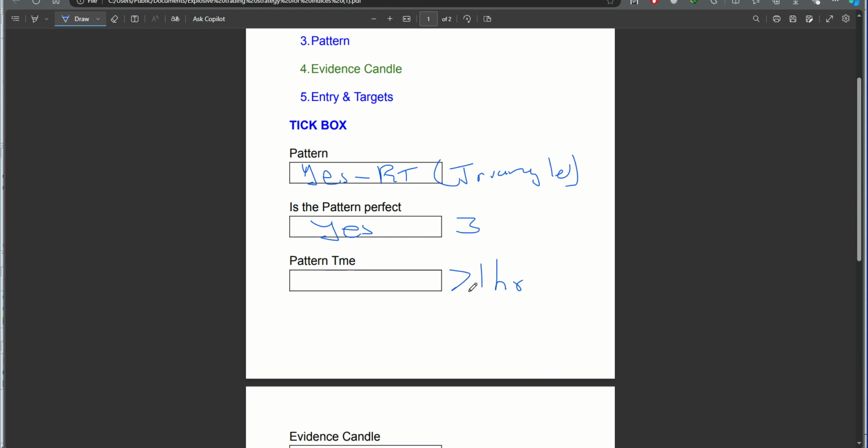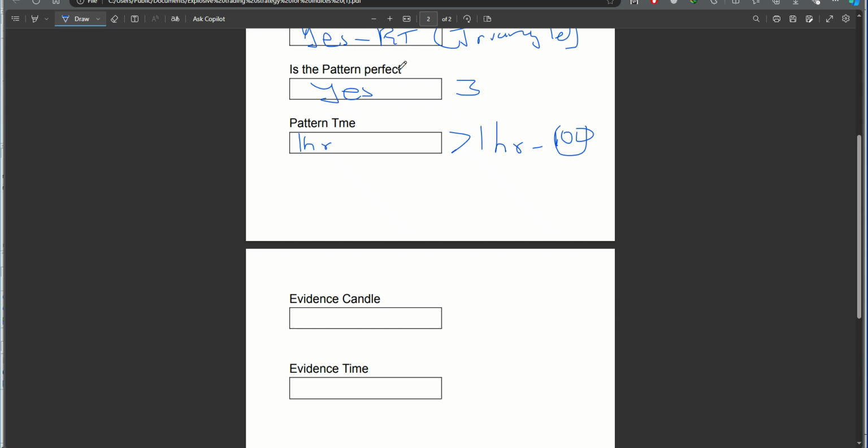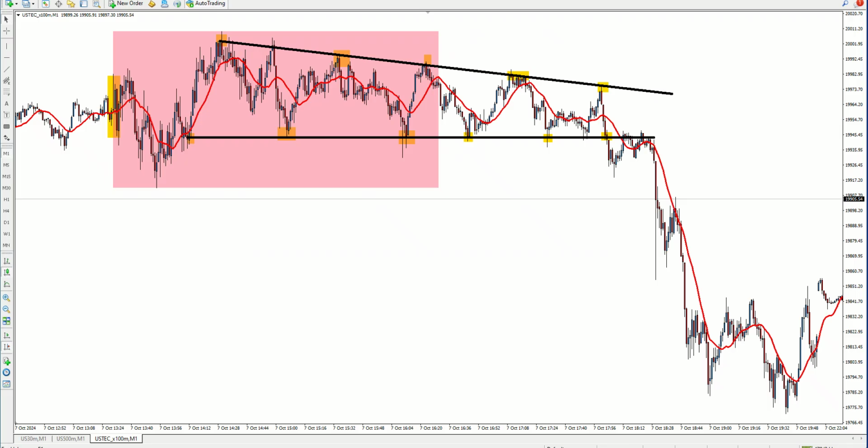If it's above 1 hour, it's safe to target 100 pips. That's what I always tell you guys. So you see, we are filling in the gaps here, and you are remaining patient.